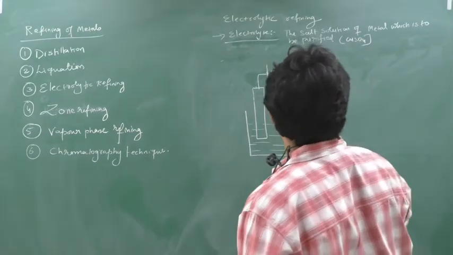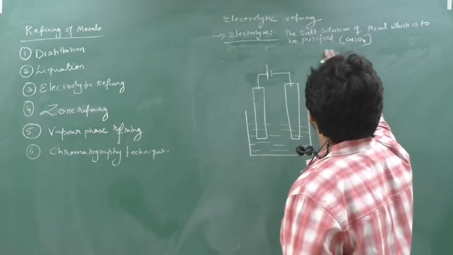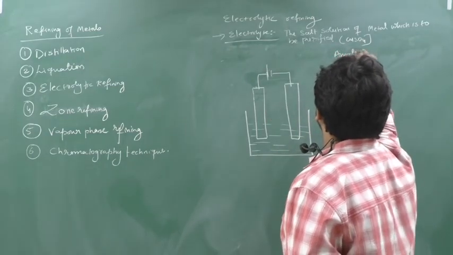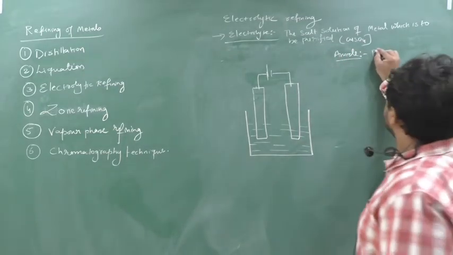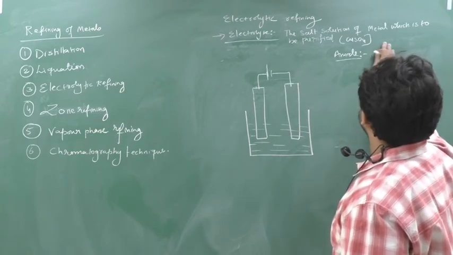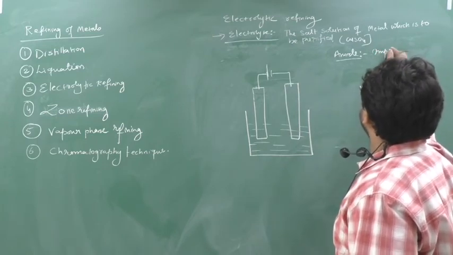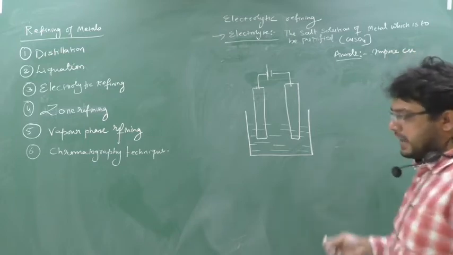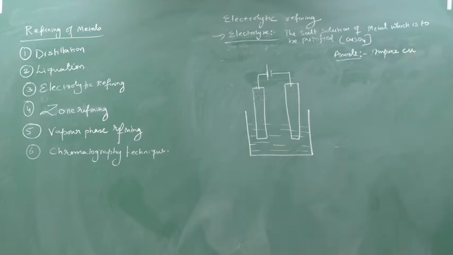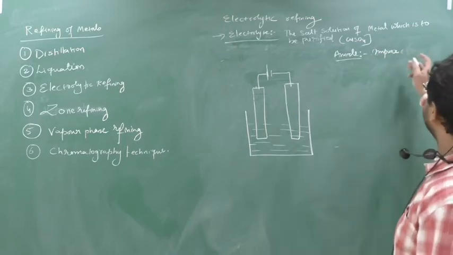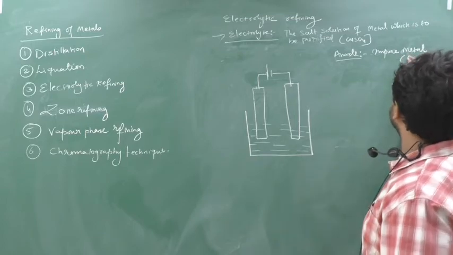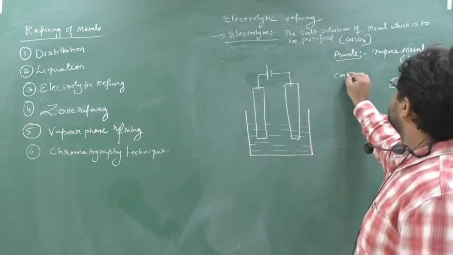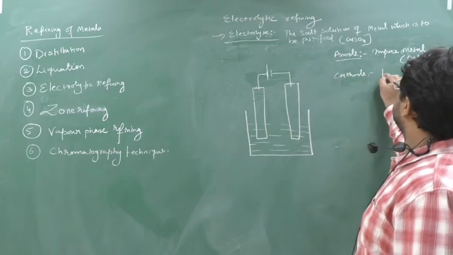Now what about the anode? The anode should be made of impure metal. Suppose I have impure copper. I convert that impure metal into a strip, and that impure metal will act as the anode. The cathode should be pure metal.